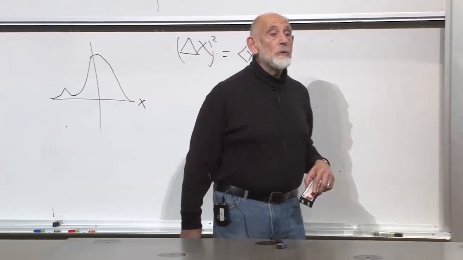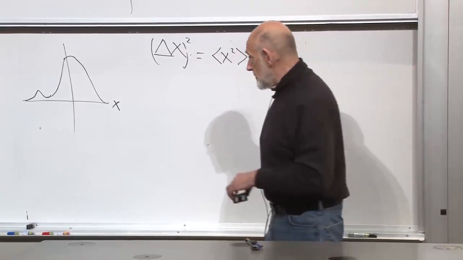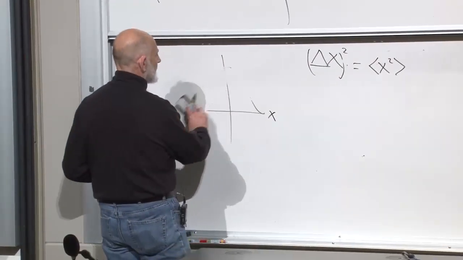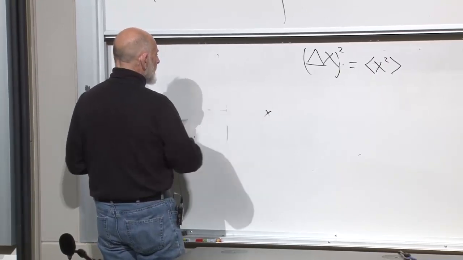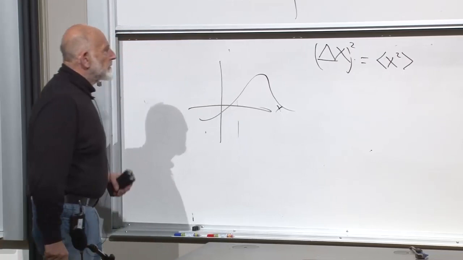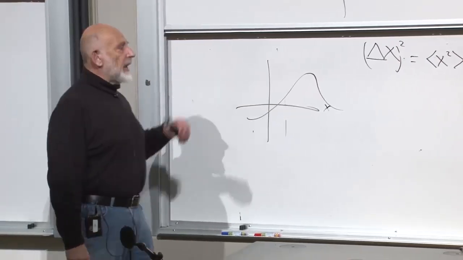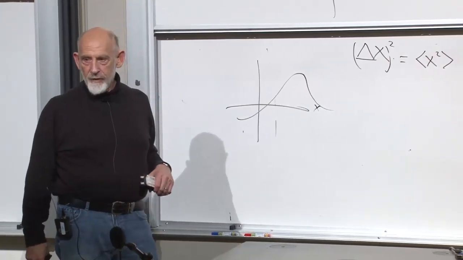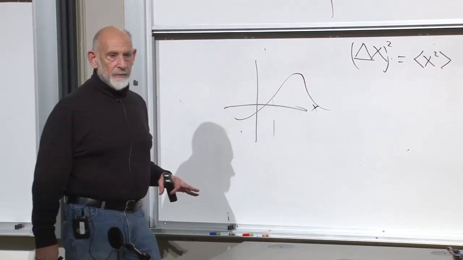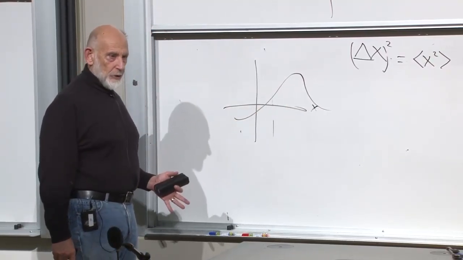Now let's suppose that it's not centered at 0, so that the average is not 0. All we have to do is shift the variable so that the average does become 0 and do the same thing.